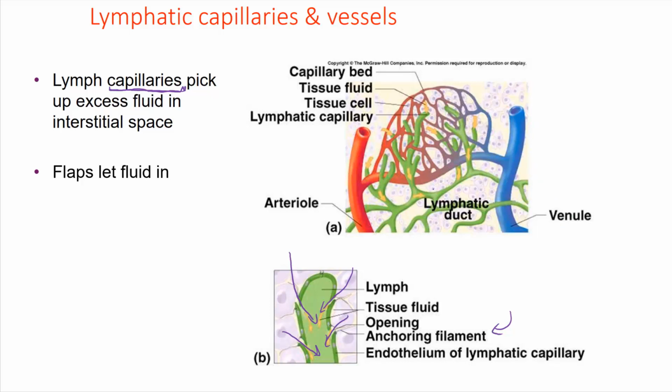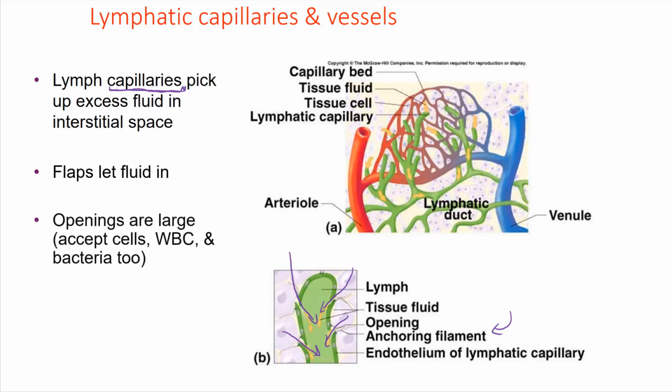These green vessels are a completely separate set of vessels that interweave between and alongside of the blood vessels. And they are largely responsible for taking in this excess fluid that leaks out. So then what happens? Well, you have these flaps that open, and the fluid can go in quite easily.